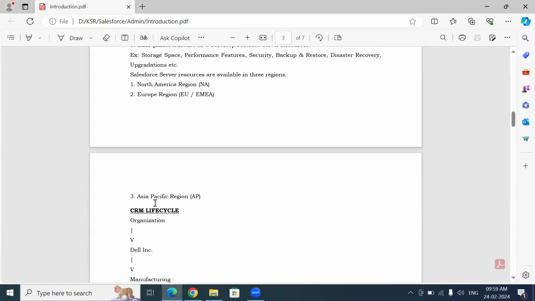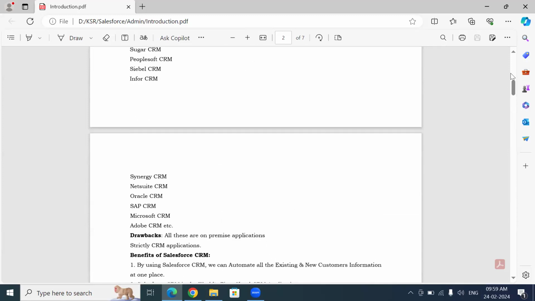Depending upon the country name you select upon filling up the registration form, memory will be allocated for your organization or for your account in a particular server in that particular region. Clear? These are the 3 cloud computing models we have in the IT industry.